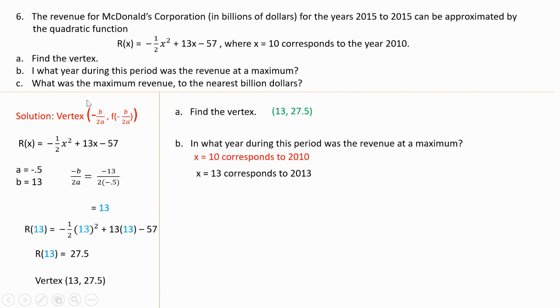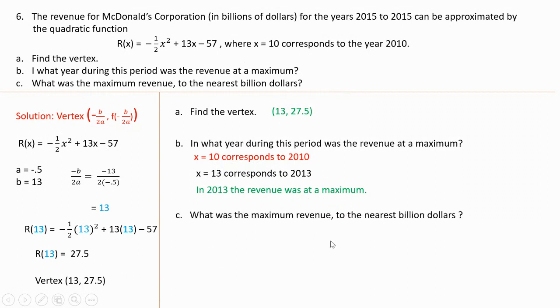You have to put the date because it's asking in what year. So it's 2013. And for part C, they want you to round off to the nearest billion dollars. So in 2013, the revenue was at a maximum of 27.5, which rounds to $28 billion.